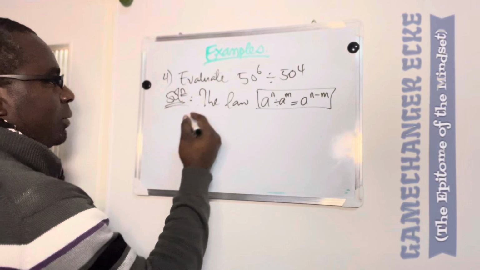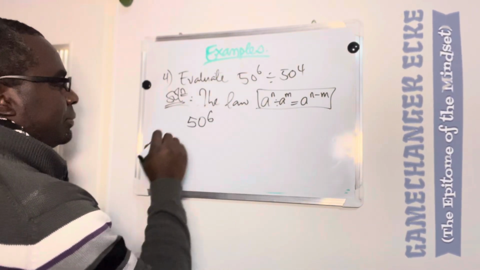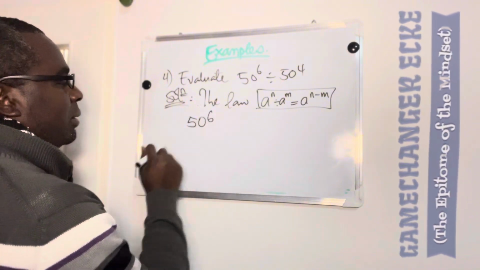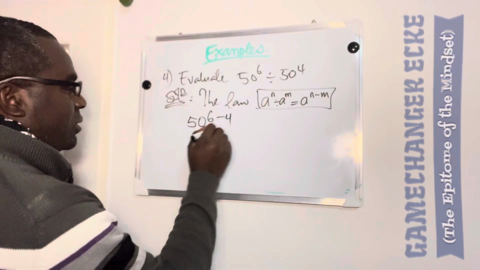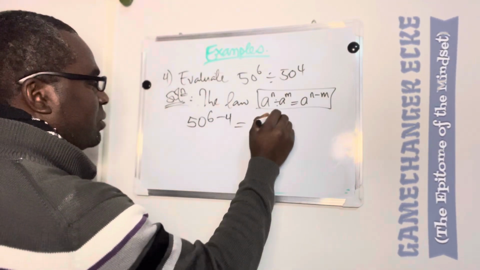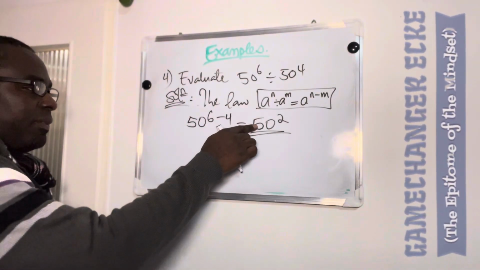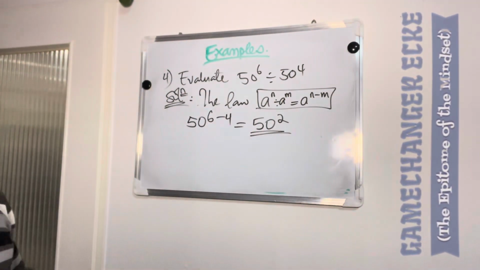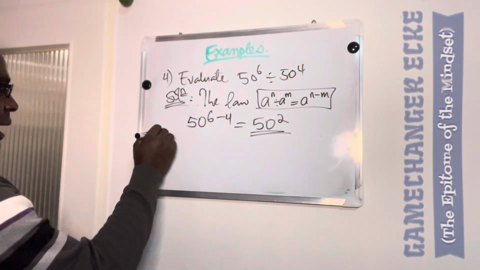What takes the place of n is 6, and what takes the place of m is 4. So we now have 50 to the power 2. You see that this is quite straightforward, and we move to example number 5.